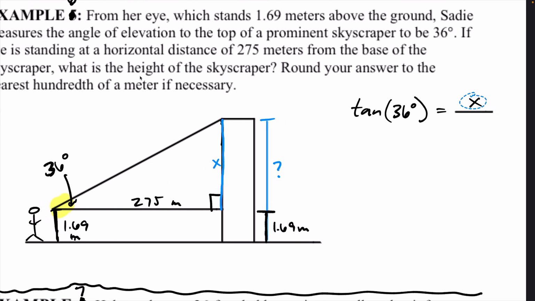We said adjacent was 275 meters, right? Adjacent was 275. Solve for x. How do I get x by itself? Add, subtract, multiply, or divide. Multiply, yep. Multiply by 275.